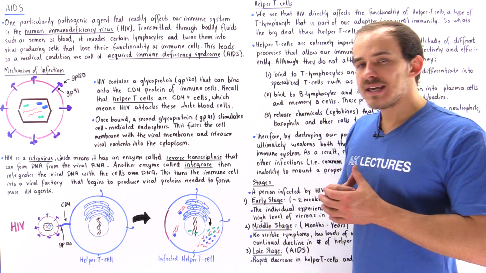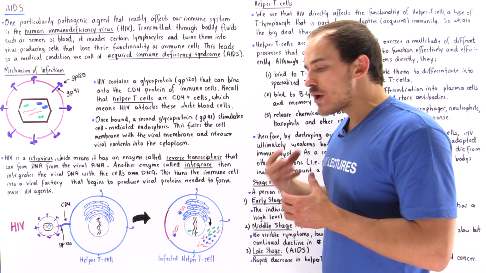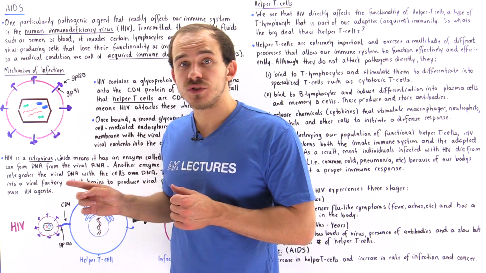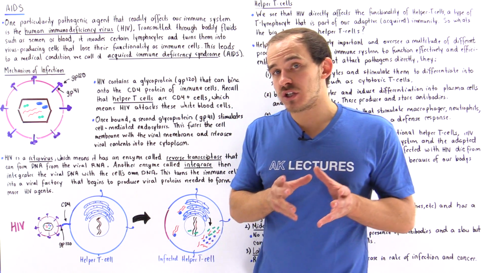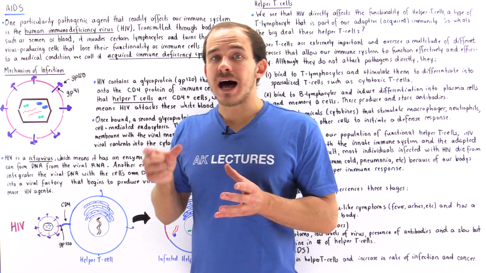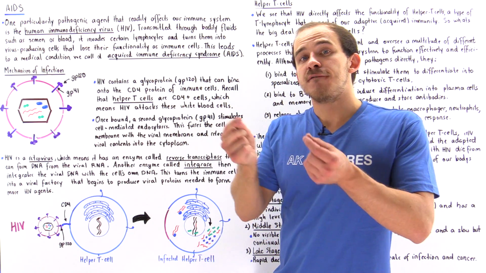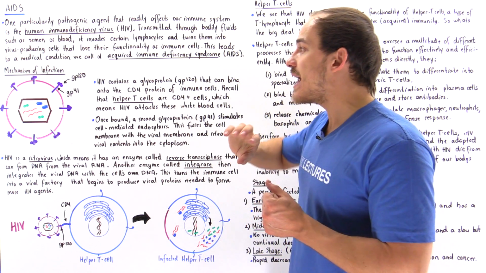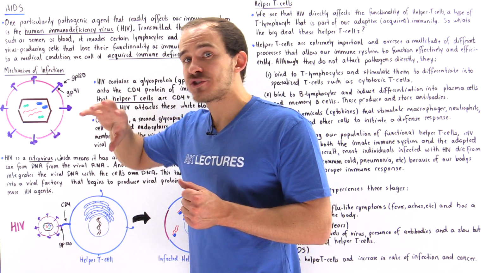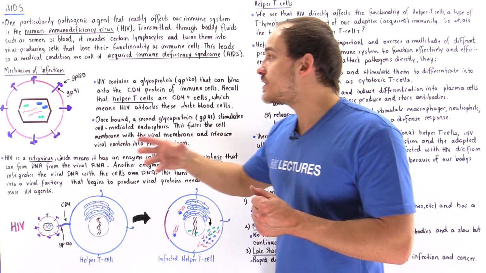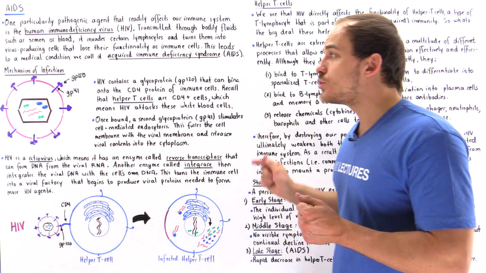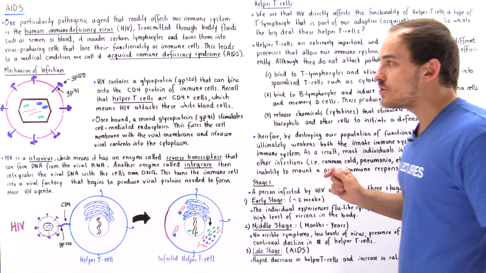Now, what exactly is a retrovirus? Well, a retrovirus is a virus that contains RNA molecules as well as a special enzyme that catalyzes the formation of viral DNA from that viral RNA. So that's why we have reverse transcriptase, because it synthesizes our nucleotides in the opposite direction to what is normally seen in nature.